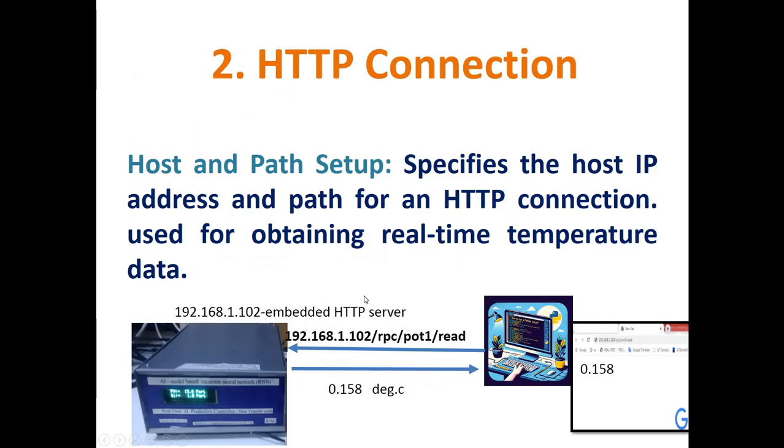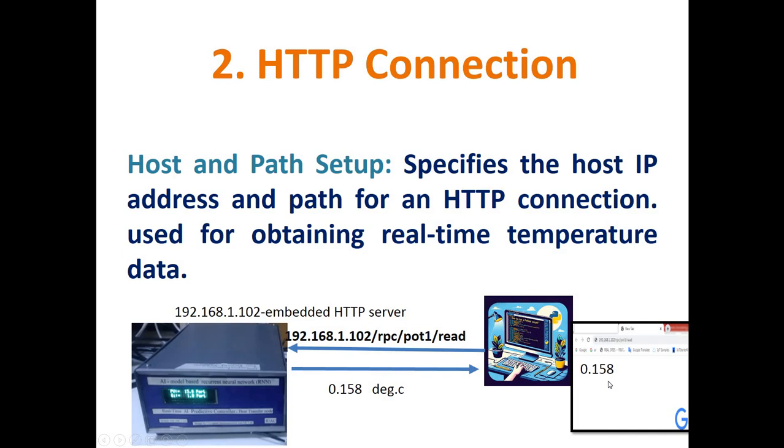So the HTTP connection, as I mentioned in my earlier video, you can send a command 192.168.1.102/RPC/port1 read. It will send out the temperature. Instead of 15.8, it will send 0.158.